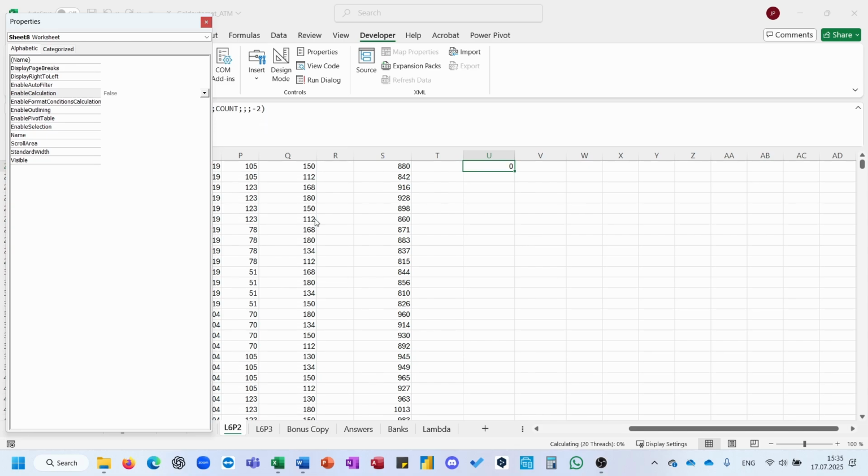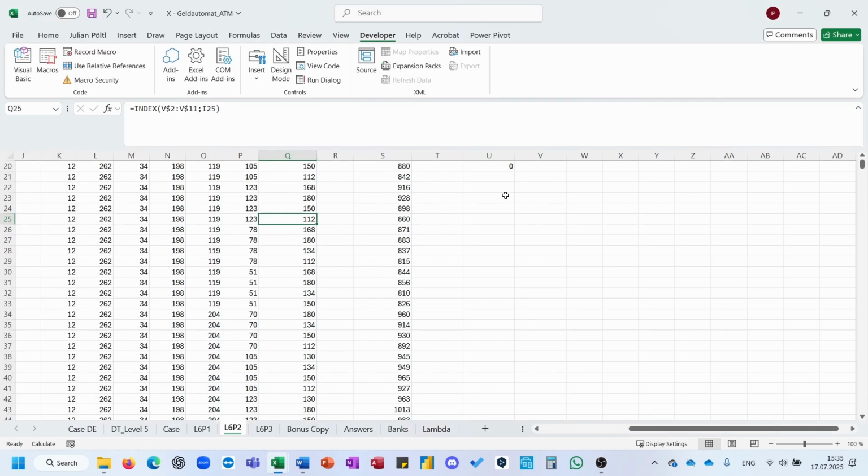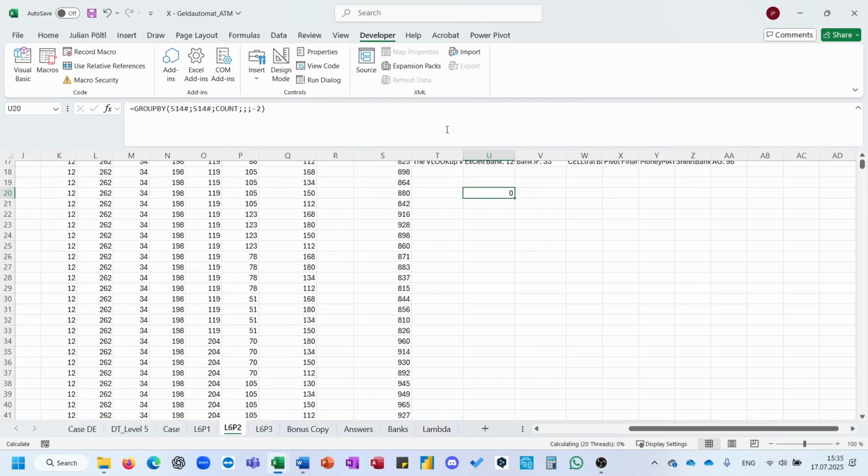And I think I've crashed Excel. Have I? Okay, let me quickly check. Calculating 0%, 30 threads. But I think we're running. So it will take long.